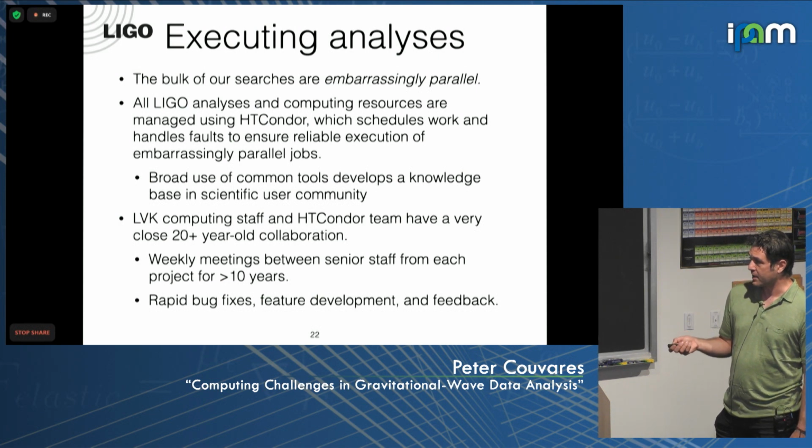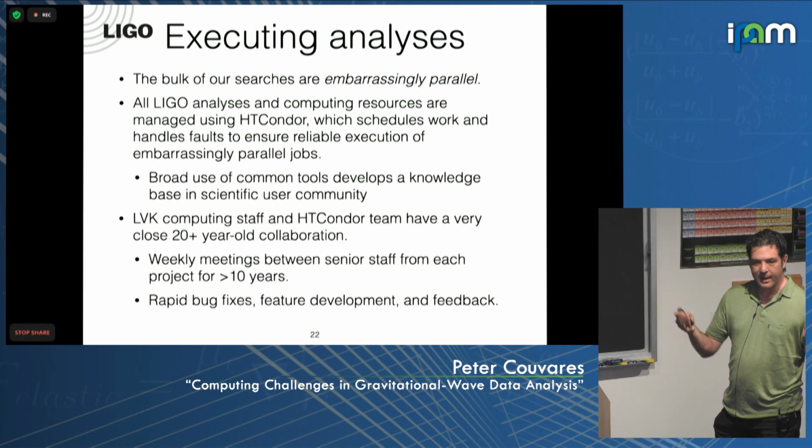And that's what I was going to get to at the bottom of this slide, which is that LIGO's relationship with the team that runs this, which I used to work on, is very long and deep and unusual. We have weekly meetings between senior staff in each project. I've had that for more than a decade. When LIGO or Virgo has a computing problem that in any way intersects with HTCondor, they're on it right away, and we have a bug fix in 24 hours, 48 hours.